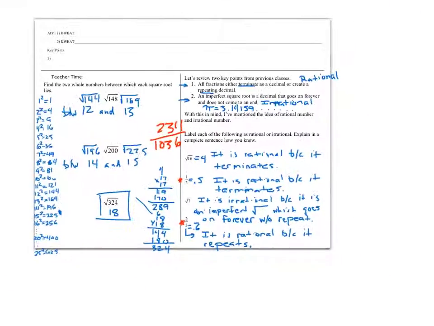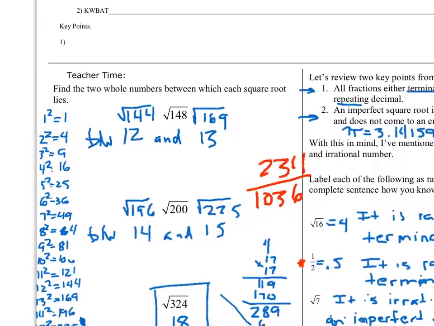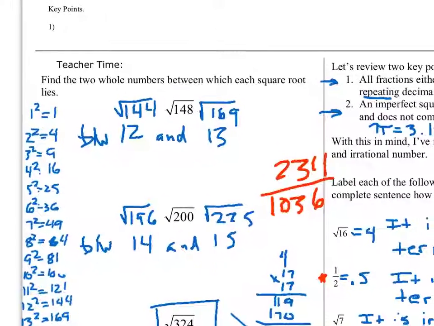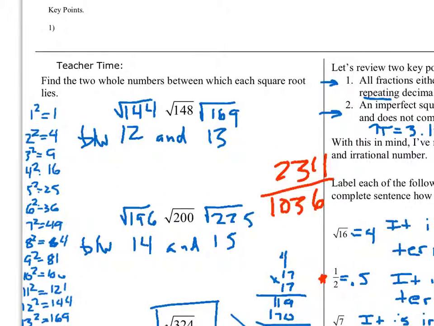All right, let's hit those key points before we move on today. I have written one key point, however, I think the last class came up with 3, which I think is perfectly appropriate. So, I'm looking for some key points, and we'll start with Mr. Posey. All fractions either terminate or repeat. I'm going to add on to that just a little bit.